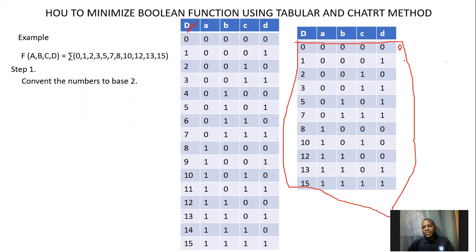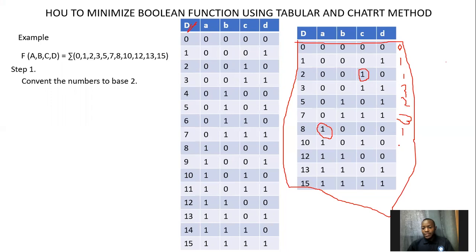So 1 is found in group 1, and 2 is found in group 1 because we only have one 1 here. 3 is found in group 2. We have 5 also in group 2. We have 7 in group 3. We have 8 in group 1 because you only have one 1 here.